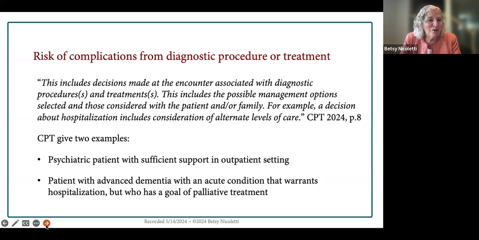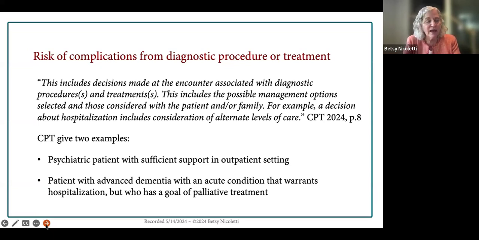So if we're talking about the risk from diagnostic procedures or treatment, this risk includes decisions made at the encounter associated with diagnostic procedures and treatments. This includes the possible management options selected and those considered with the patient and or family.